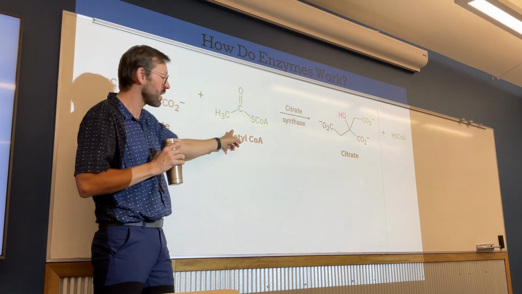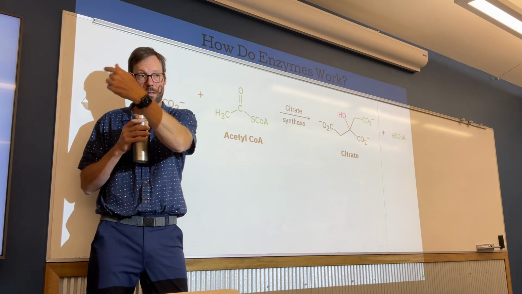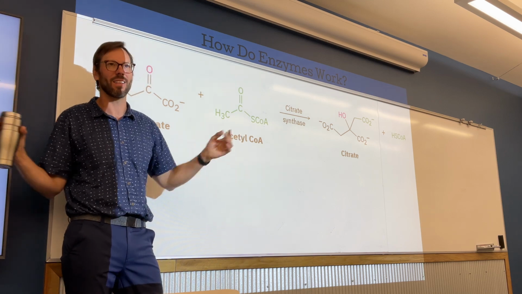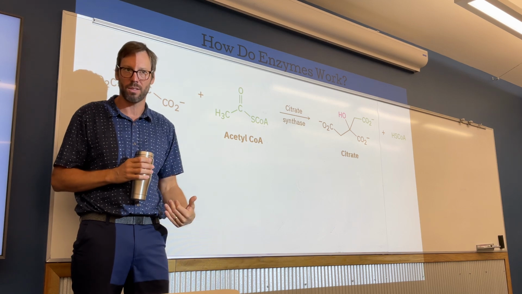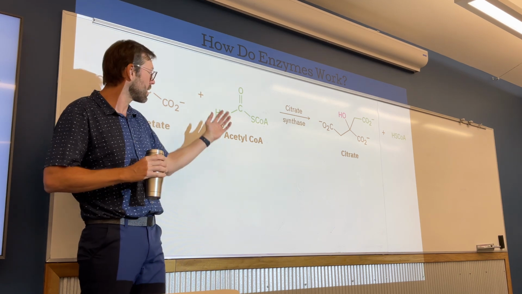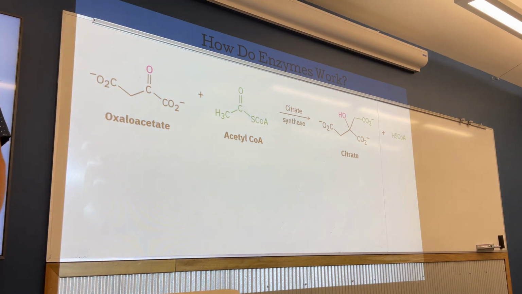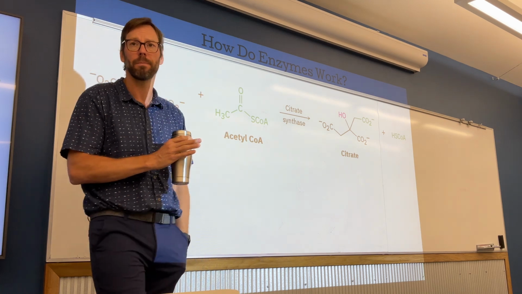Acetyl-CoA is just this acetyl group, and then coenzyme A. So I keep pointing here like it's different. I need to be able to have previous slides, but yeah, it's a coenzyme. It's not an enzyme itself, but it facilitates that process. This is going to break down, as I mentioned, into carbon dioxide and water, and that energy release is going to tack on that phosphate onto the ATP. Okay.